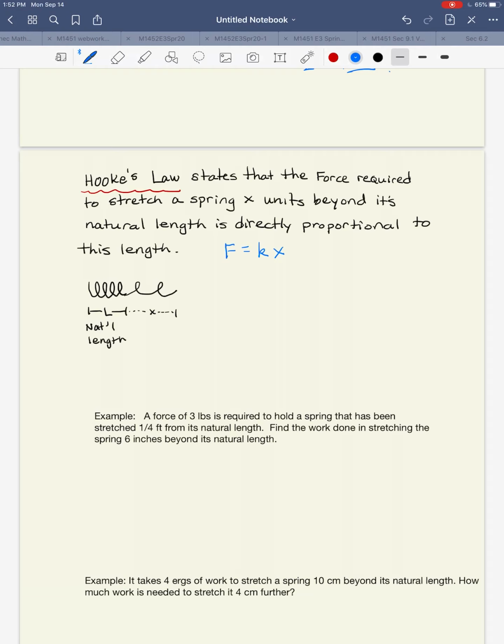K is the constant of proportionality. It's unique to each spring. It'll be called the spring constant.